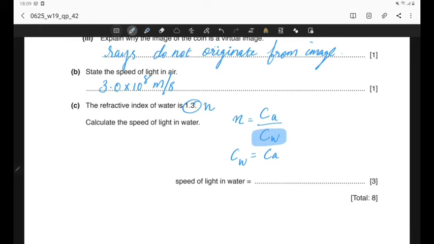So speed of light in water is equal to speed of light in air over refractive index of water. So we can substitute: speed of light in air is 3 into 10 to the power 8 over refractive index 1.3, and the answer is 2.3 into 10 to the power 8 meter per second.